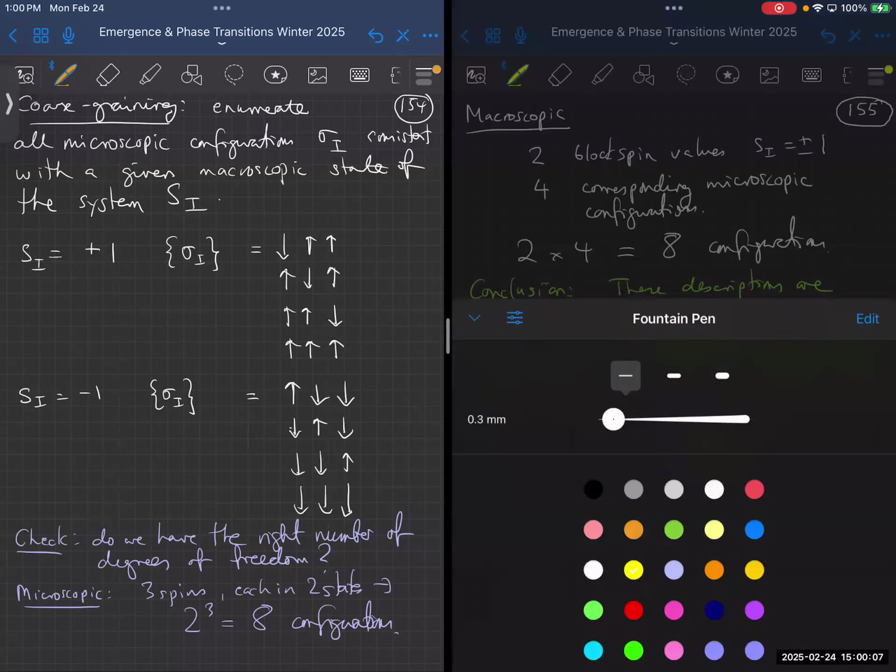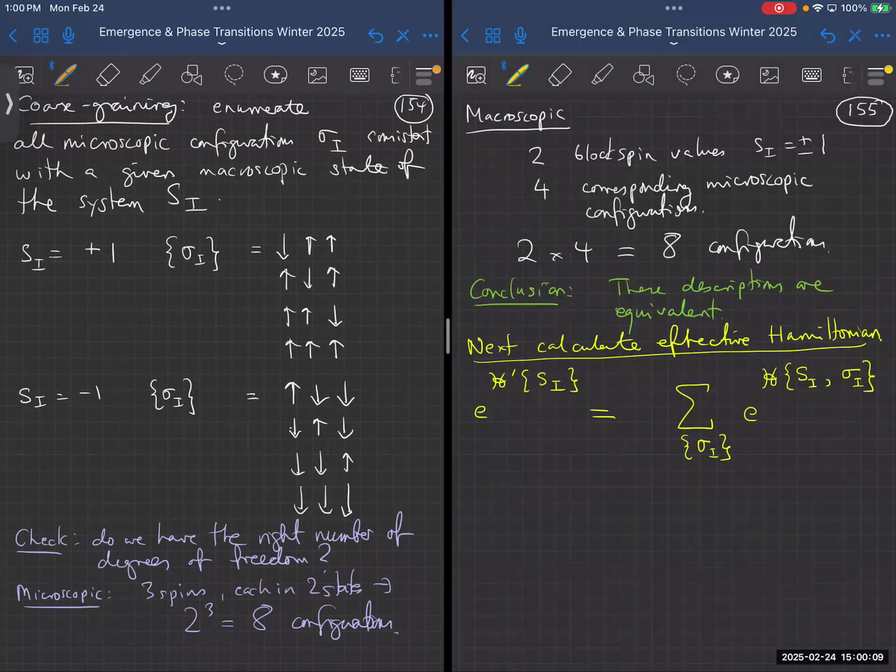In renormalization group language, we say that we are integrating out the microscopic degrees of freedom.